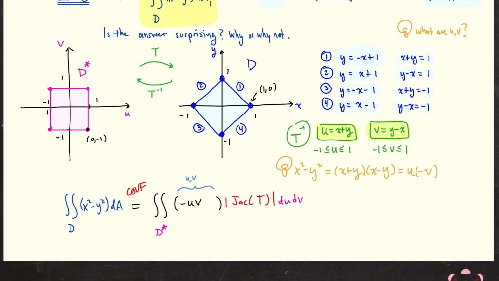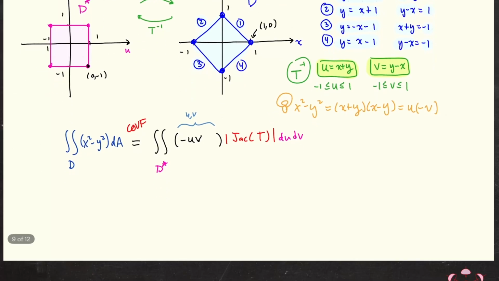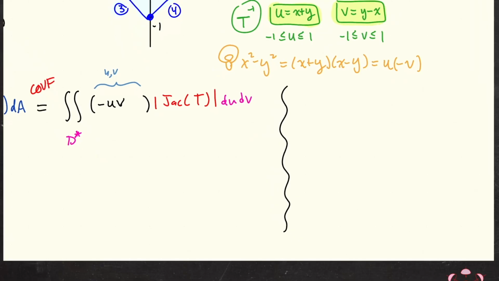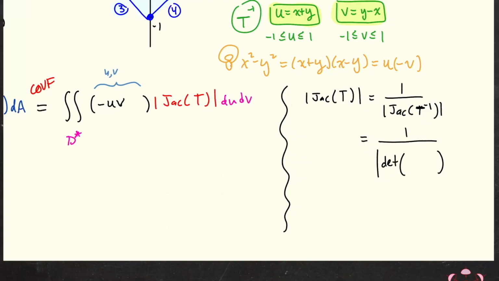Great. So what we need now is to calculate the Jacobian of T. Now, we didn't construct T directly. We have T inverse. So let's use our theorem where we do 1 over the Jacobian of T inverse. And now let's remember: 1 divided by the absolute value of the determinant of the matrix.